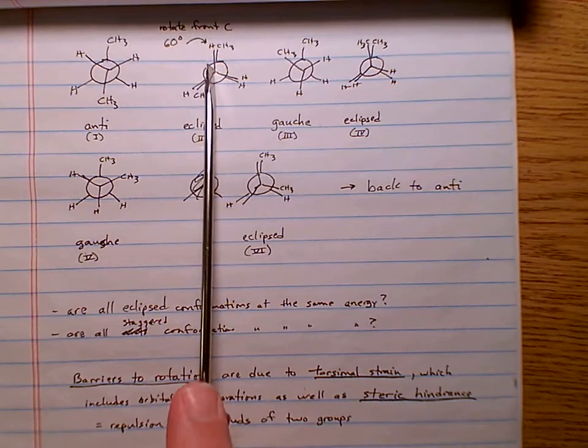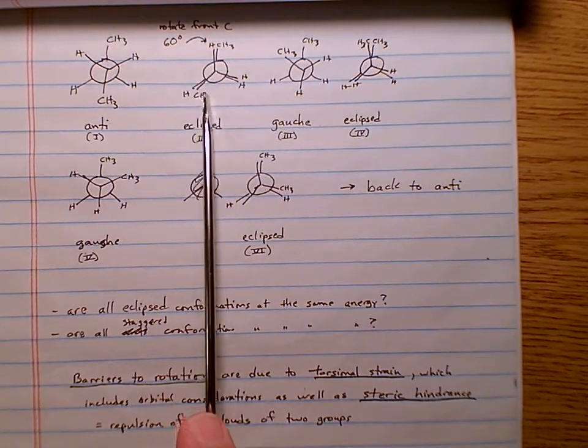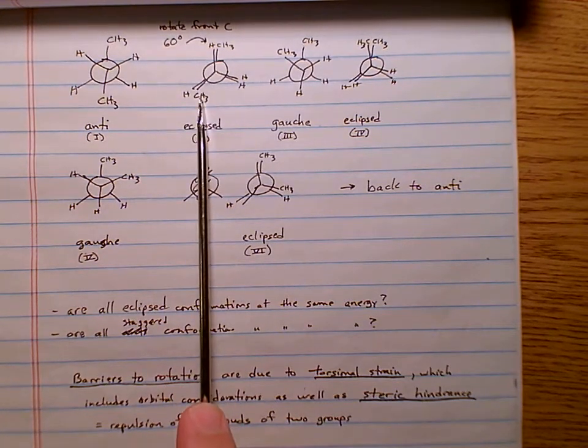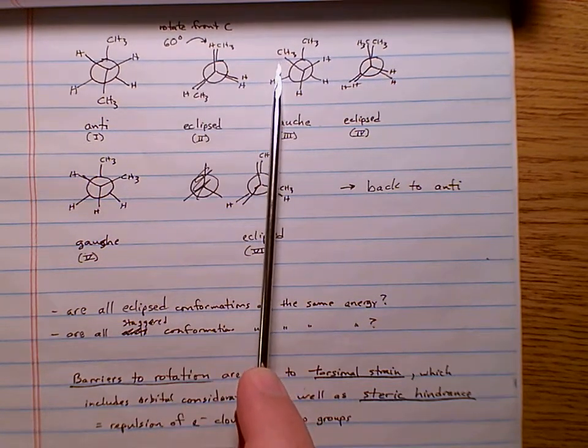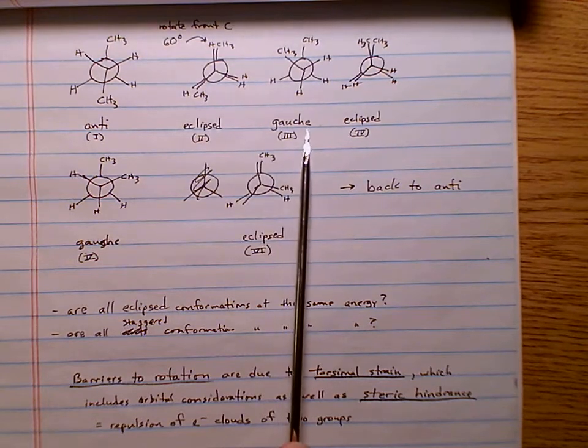As we rotate 60 degrees, we come into this eclipsed conformation here. If we rotate another 60 degrees, this methyl gets up here, and we're in what we call the gauche conformation.